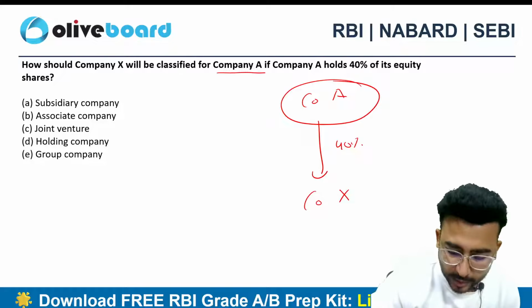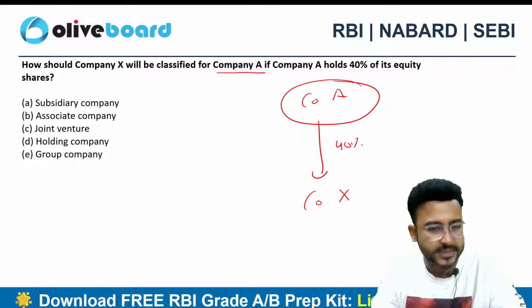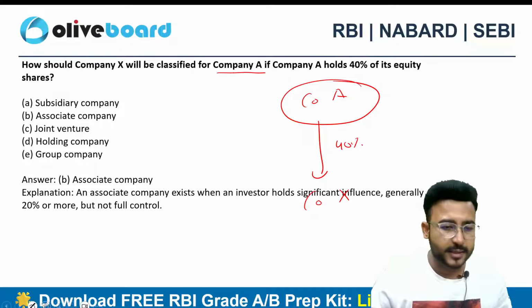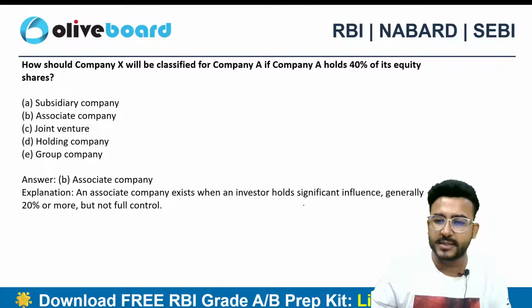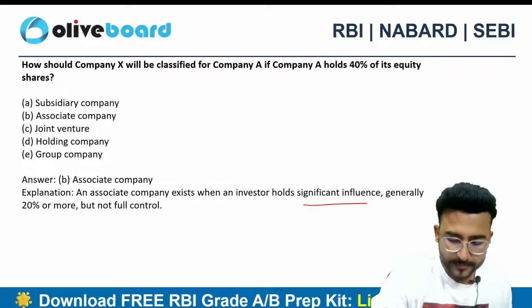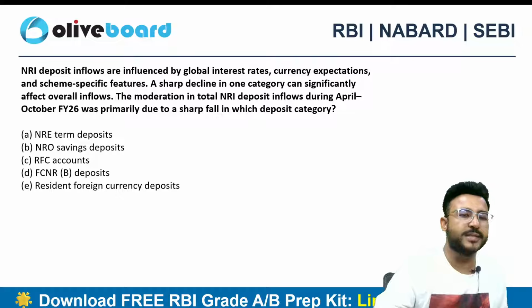Yesterday we discussed that it is going to be an associate company, because the holding is 20% or more. So here we have significant influence, but control will start from more than 50%, right?